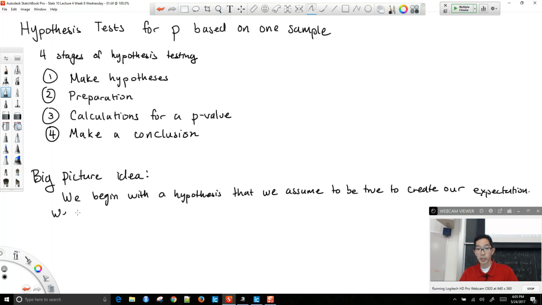We compare the reality, our observed data, to our expectation.